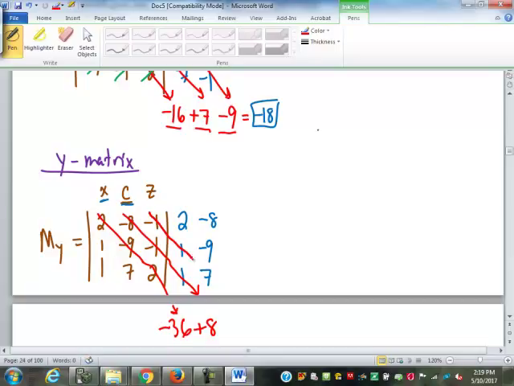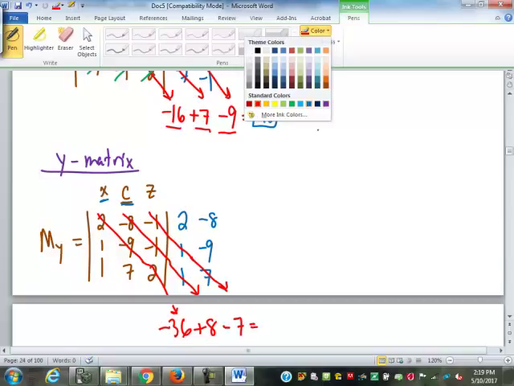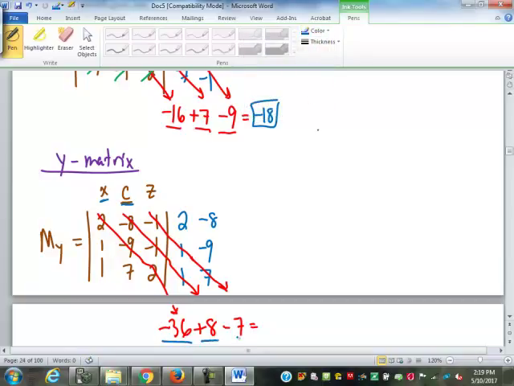Careful, negative 1. Yep, and negative 1 times 7? Negative 7, yes. So now we've got the negative 36 plus 8 minus 7. Beautiful, negative 35.